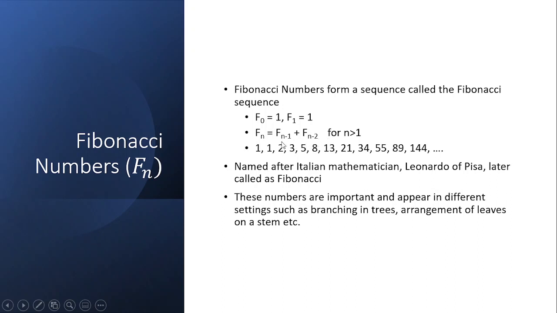Okay, so if you add the previous two Fibonacci numbers, you get the nth Fibonacci number. So this is what Fibonacci numbers are. This is a very simple sequence to generate, but a very important sequence.